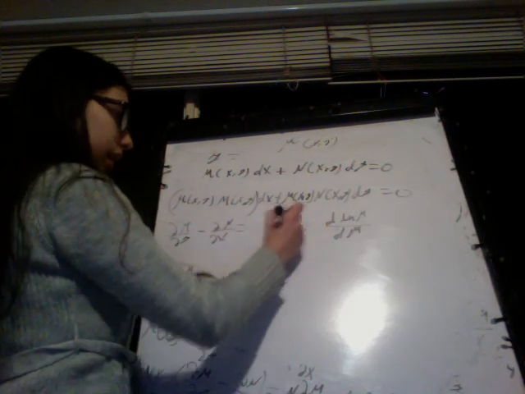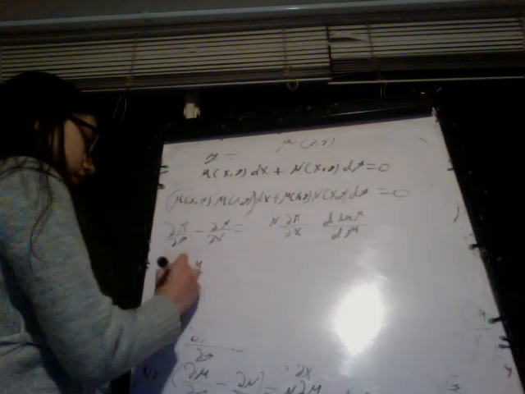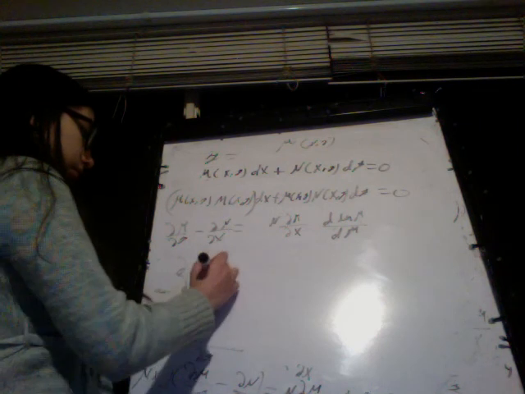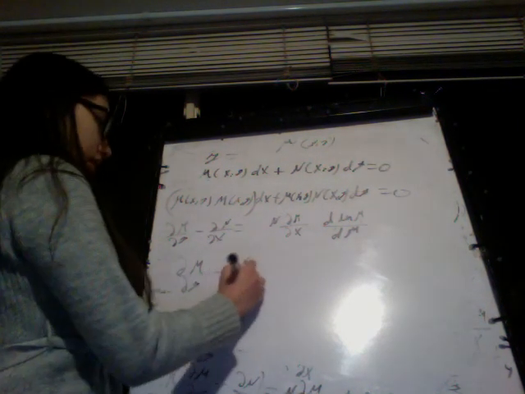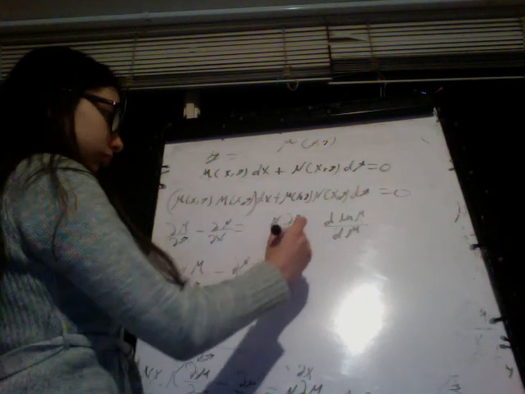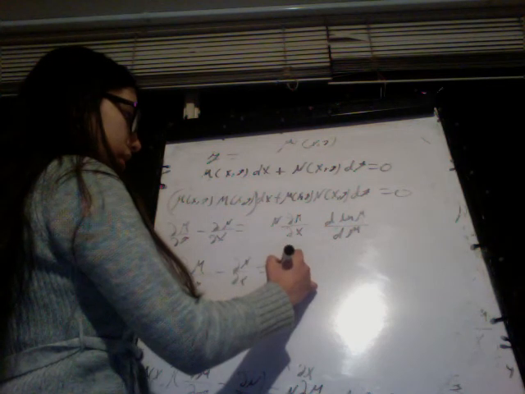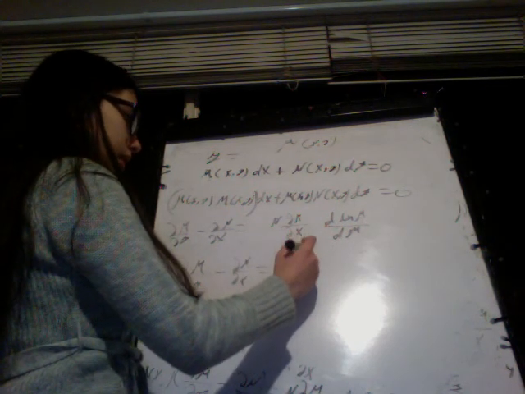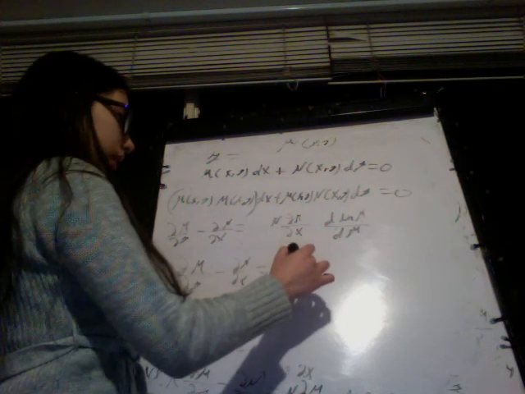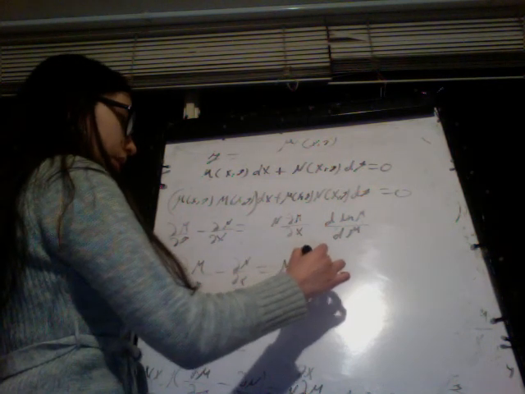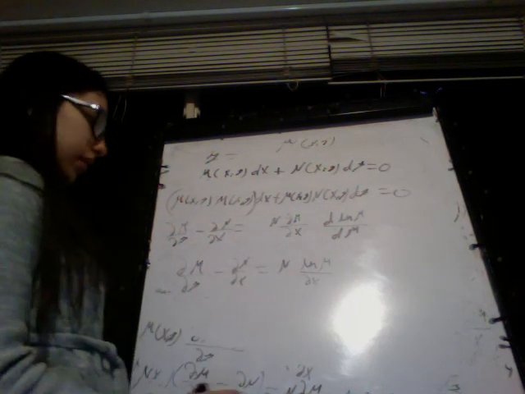And so you can cancel this and you get partial derivative of M in dy minus partial derivative of N in dx is equal to N times the derivative of the natural log of mu with respect to x.